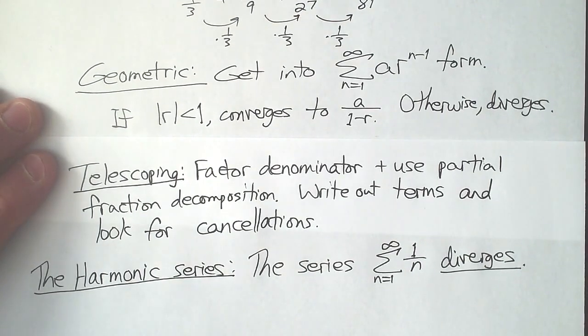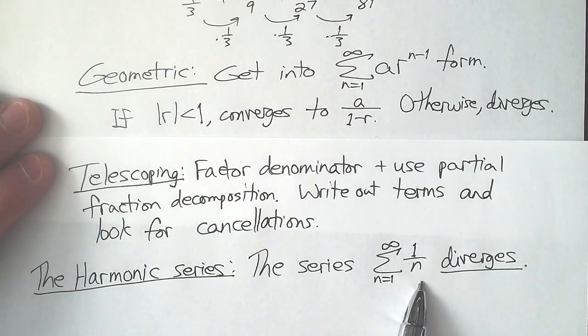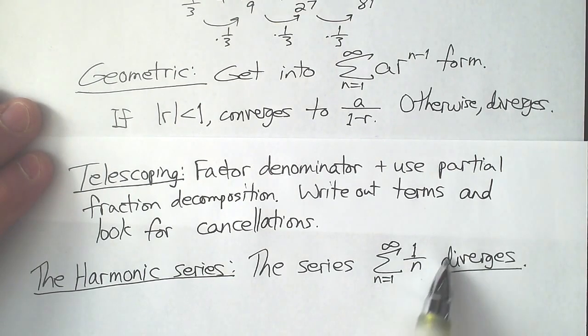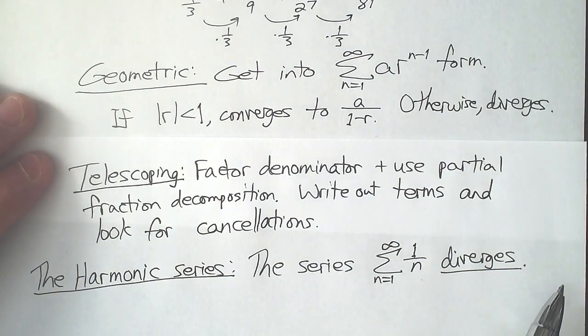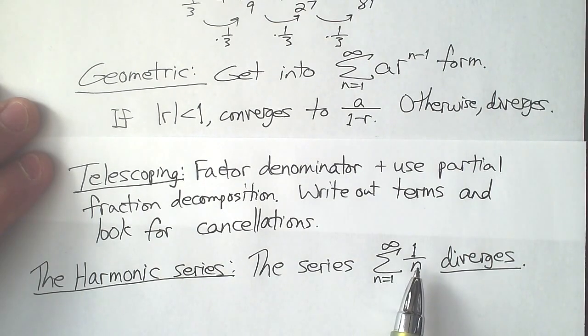Now, the truth is, I'm probably not going to give you the harmonic series exactly and just ask you, does this converge or diverge? Because we've said today it diverges. What you might see, though, is the harmonic series appear in some other form or appear within a problem. So I'll show you an example in just a moment.